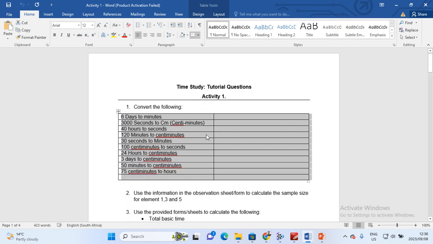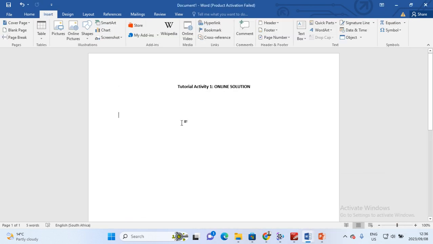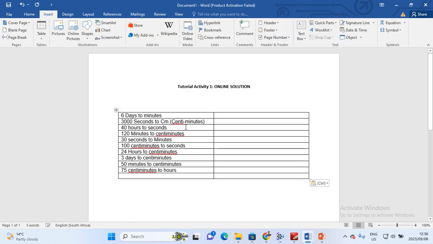We're going to create another Word document where we're going to put our solution. So the first one, they're asking us to calculate 6 days into minutes. Remember, show all your calculations always, and where appropriate, indicate the unit of your answer.